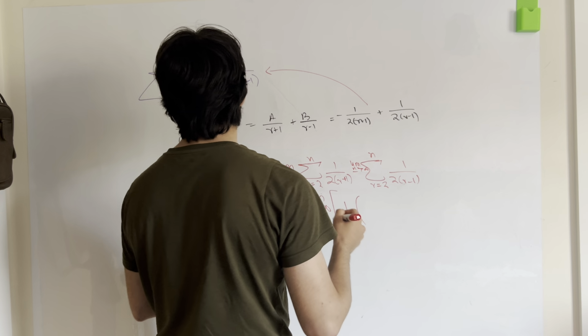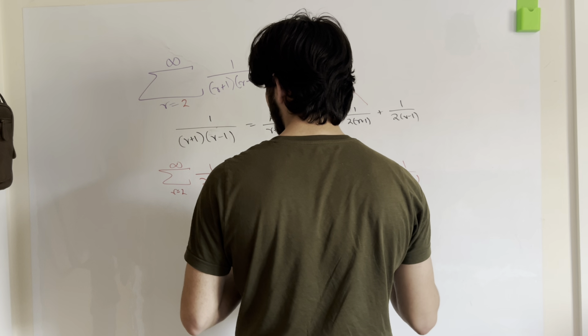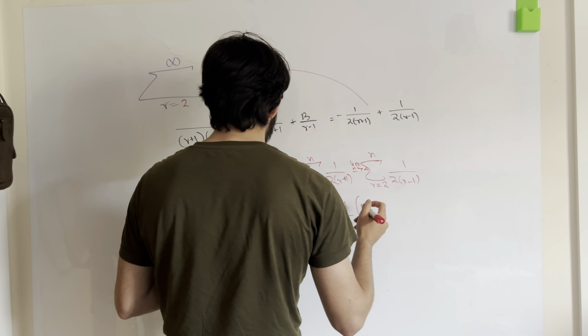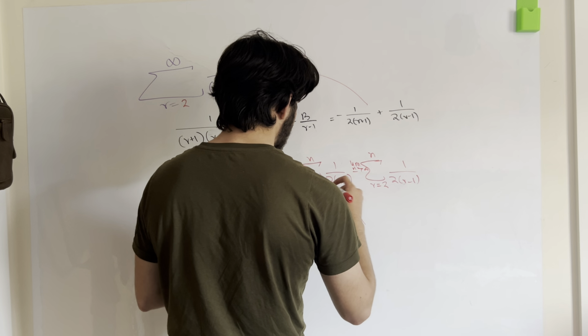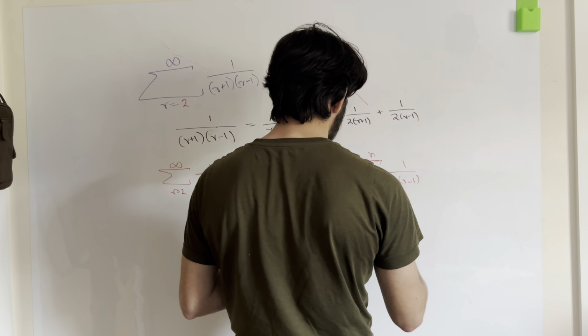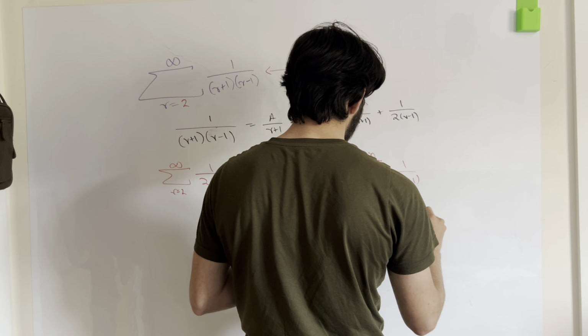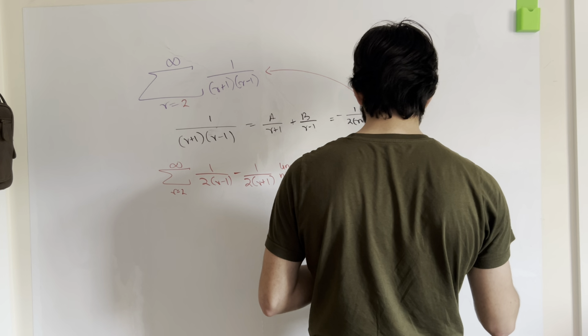You never know where your upper and lower bound might be incorrect. So yeah, it's a lesson to take from this video. So starting off here, you'll have a third plus a fourth plus a fifth, all the way up to 1 over n plus 1.